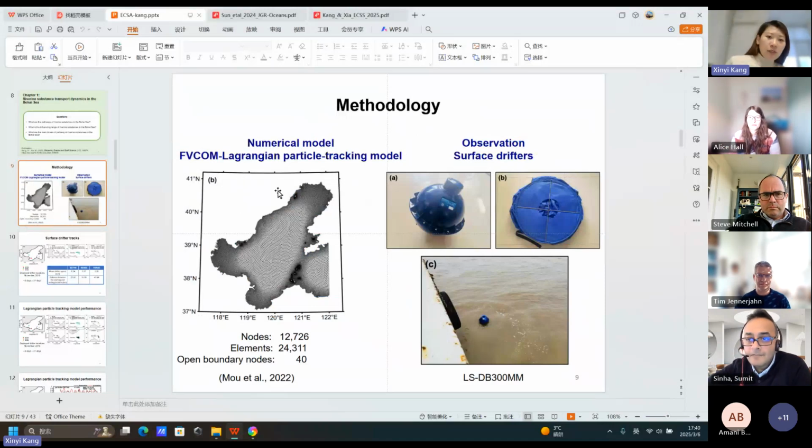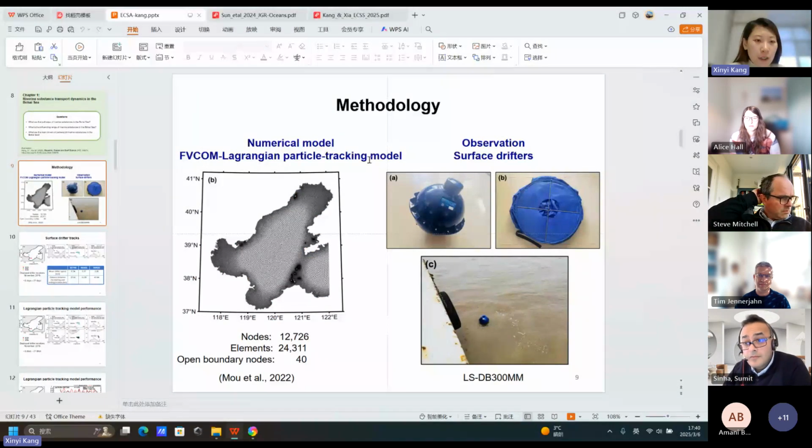Thank you for your question. So the model is FECOM Lagrangian particle tracking model. We first calibrate hydrodynamic FECOM. So FECOM generates the hydrodynamic information with water levels and currents, and this will force the Lagrangian particle tracking model.